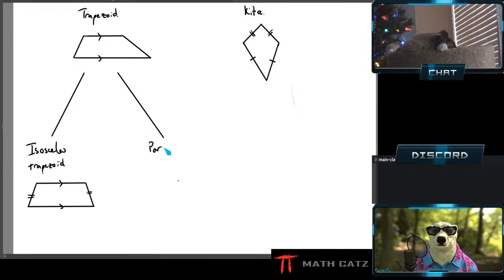And the one you should be more familiar with is a parallelogram, where I require the trapezoid. It's a special kind of trapezoid. The trapezoid said only one pair of opposite sides needs to be parallel. A parallelogram says no, both pairs of opposite sides must be parallel.